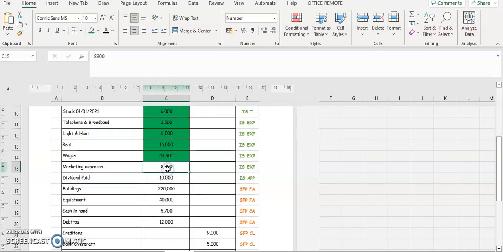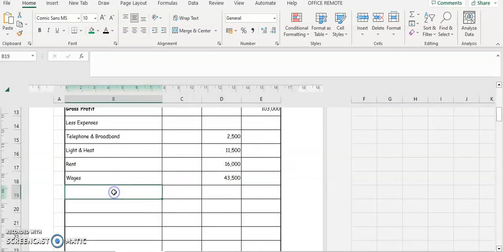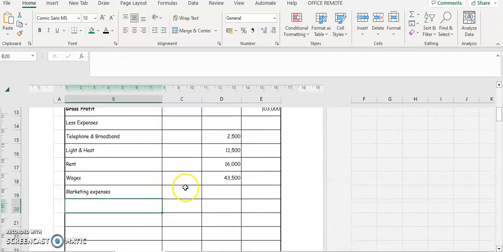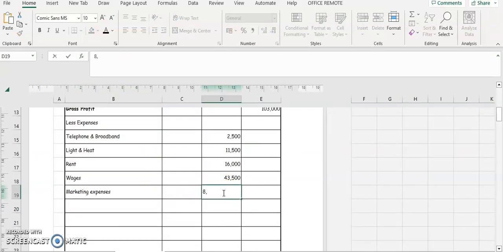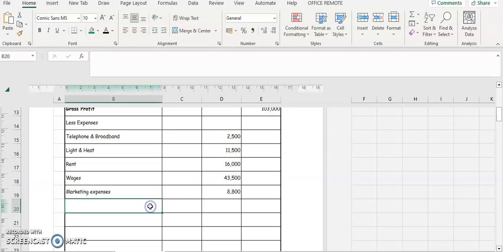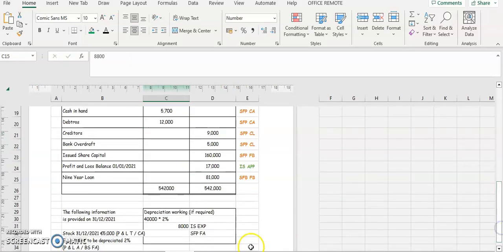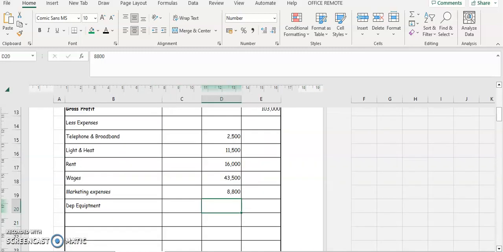And then we've got marketing expenses of 8,800. And then the last one that always goes in at the end is your depreciation, and we've got depreciation of equipment. That equipment we've calculated down here at the very end, which is 8,000.